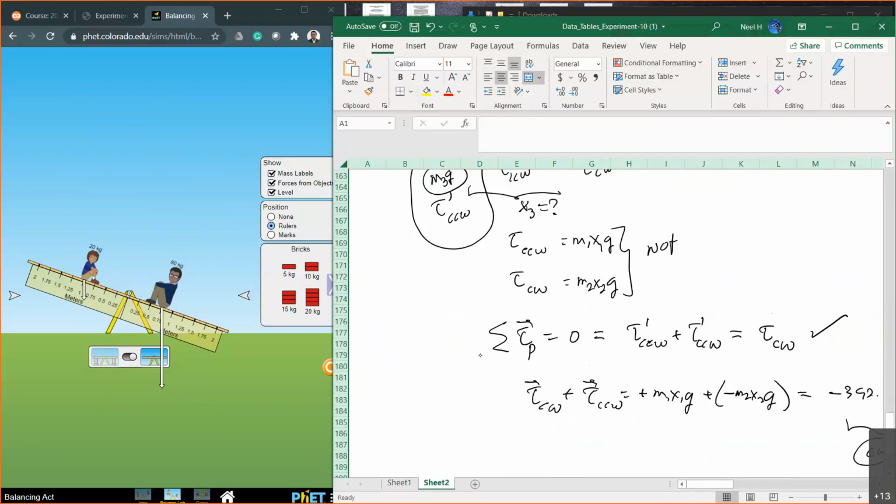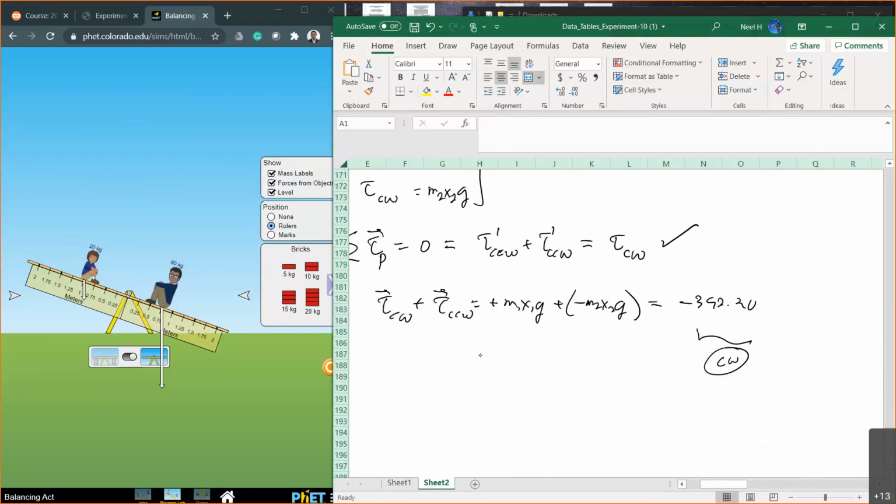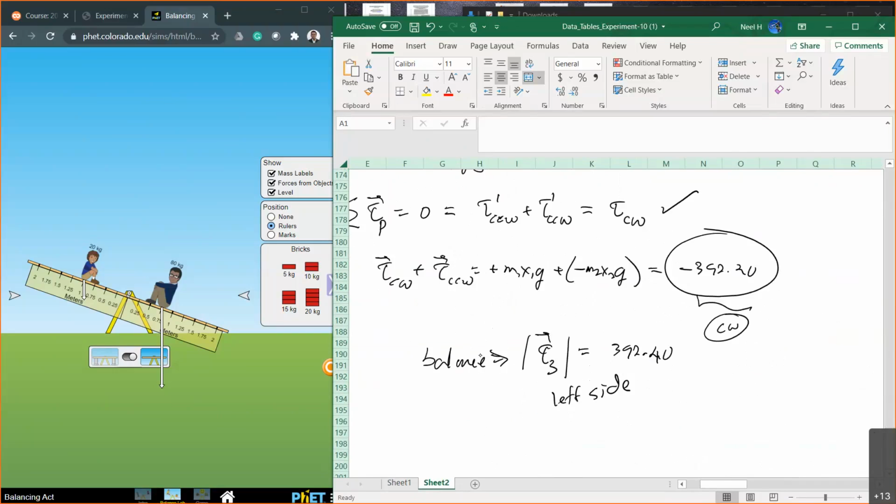So if I want to balance this again, torque 3 in terms of magnitude should be equal to this exact number, 392.40, but it should be on the left hand side, right? This should be on the left side.